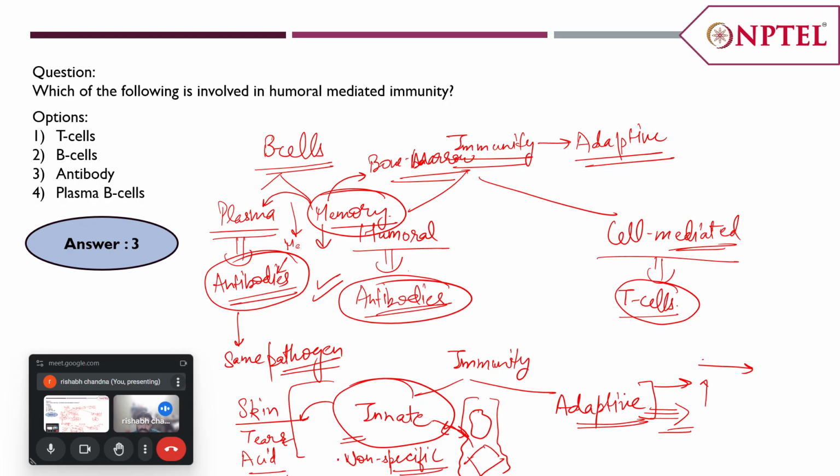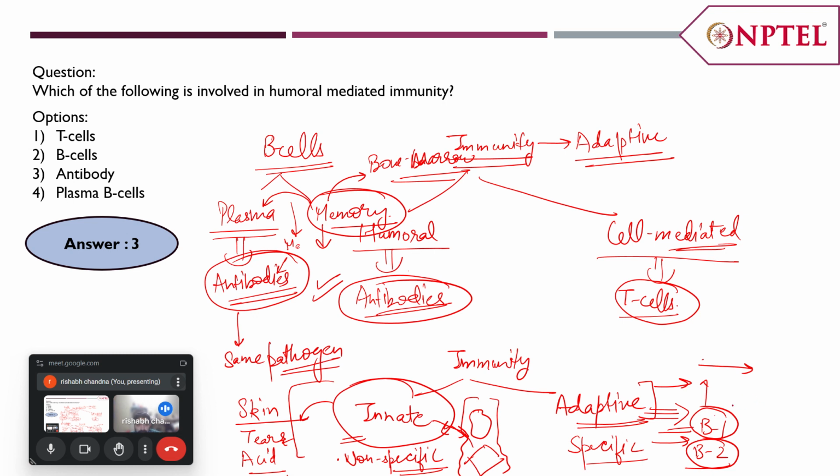So this is adaptive immunity, and it is specific in nature. That means if we have bacteria 1 and bacteria 2, there will be a different response for bacteria 1 and a different one for bacteria 2. These will not be the same.